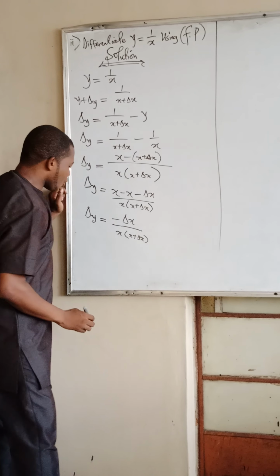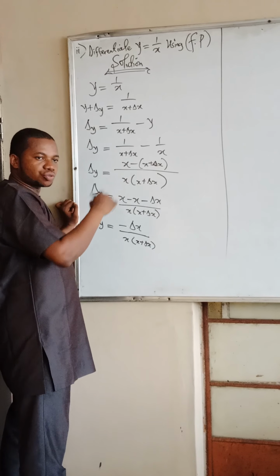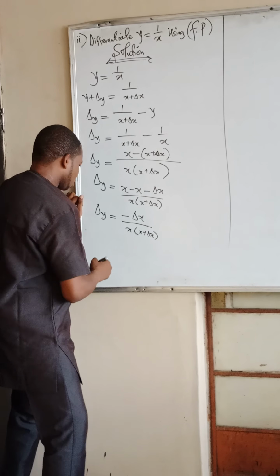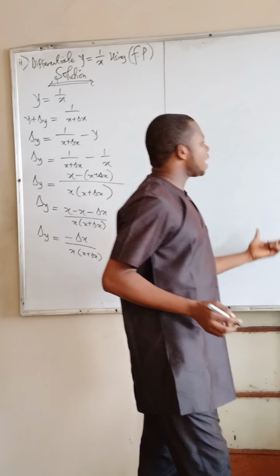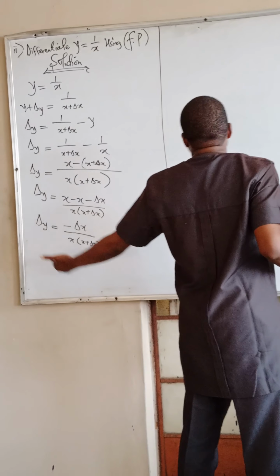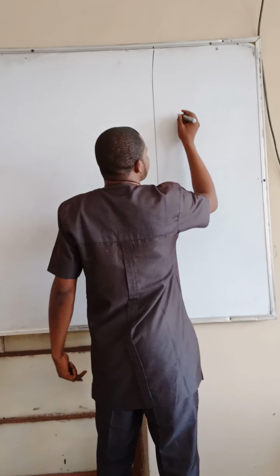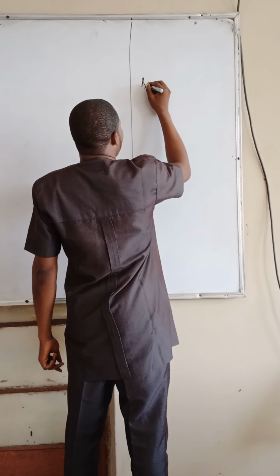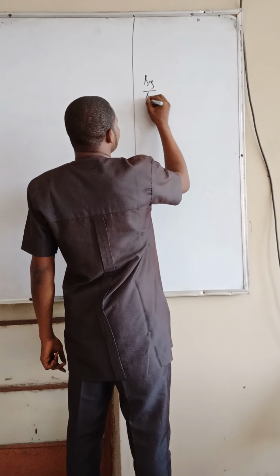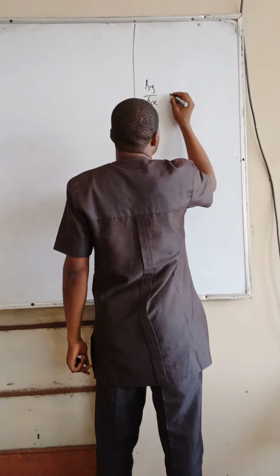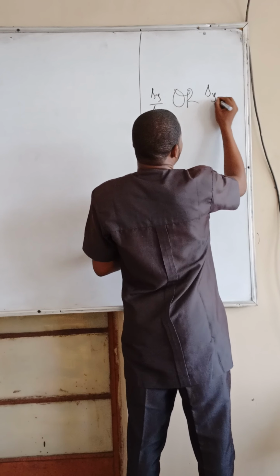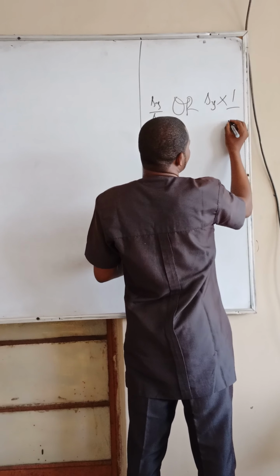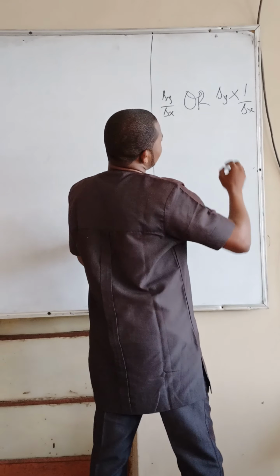So at this point, we divide through by change in x. So we divide everything by change in x. For me to divide change in y by change in x is the same thing as saying change in y over change in x. Or another way to say this is change in y times 1 over change in x.